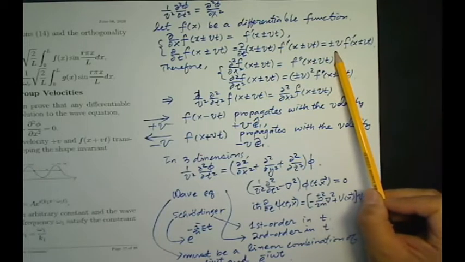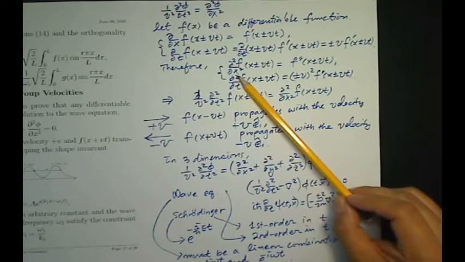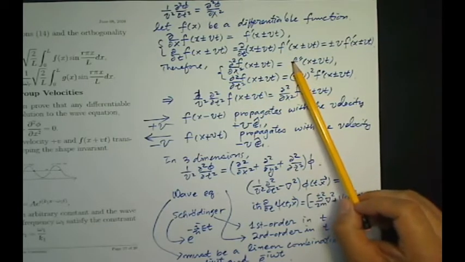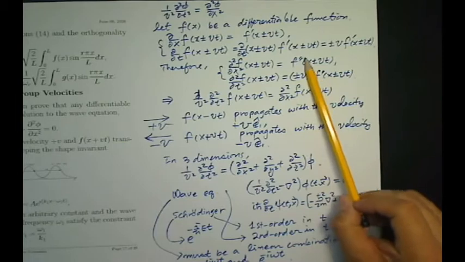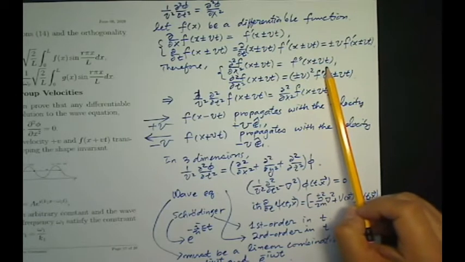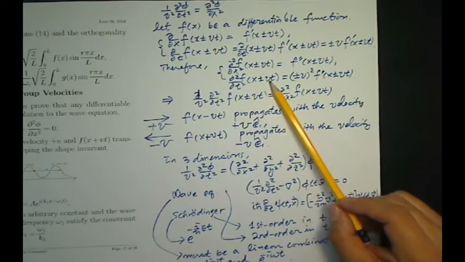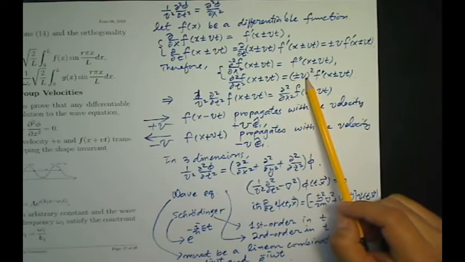If I do the same job twice, then second order derivative of f with respect to x will be just the double derivative of f, where x is replaced with x plus minus vt. In case we do the same job with time, because of the chain rule, we have over a factor plus minus v squared.